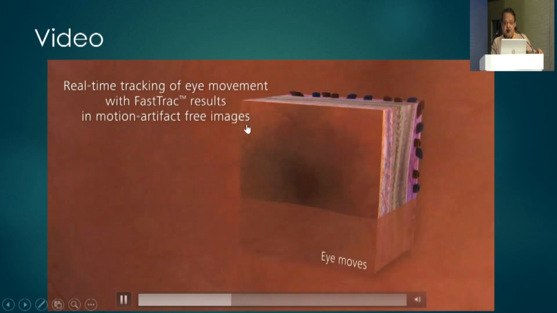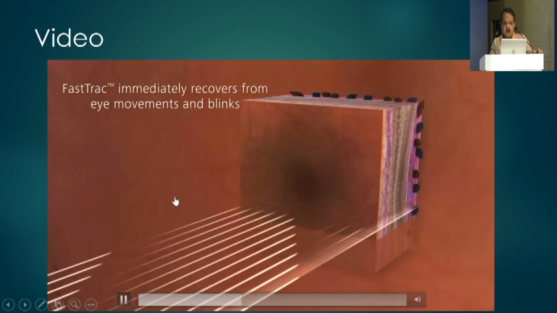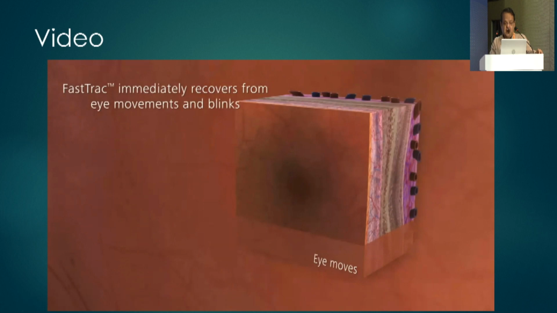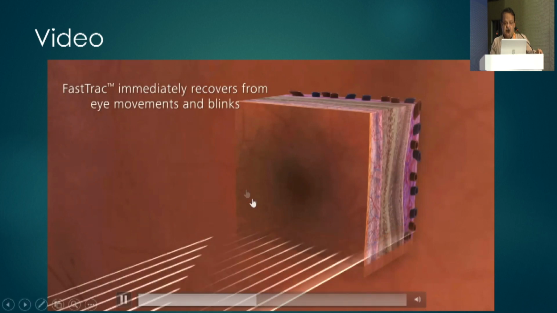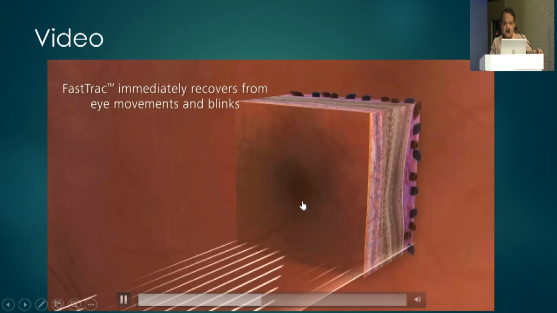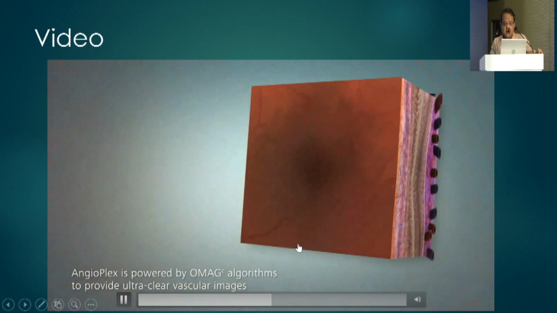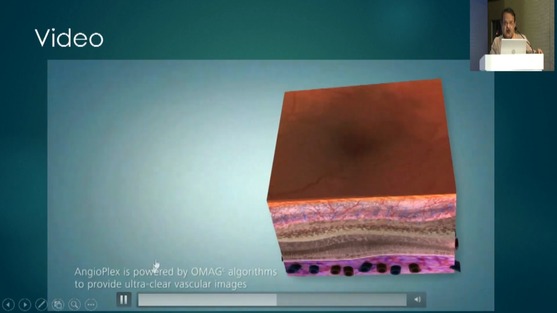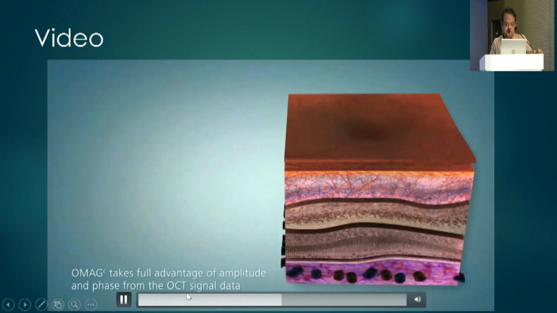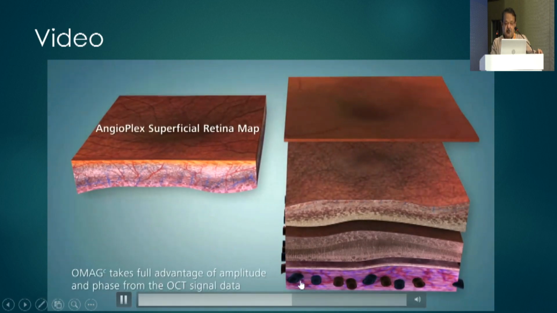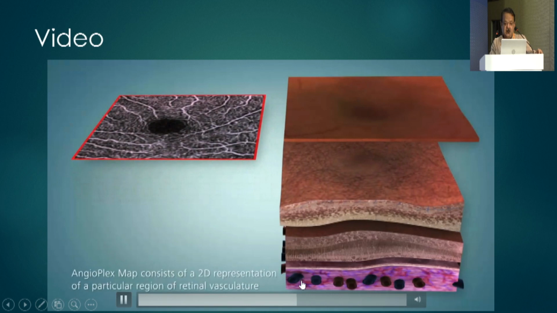It has a fast track system, so motion artifacts are decreased in this system. When the patient blinks, it stops, and once the patient starts fixing again, it again starts tracking the eye. It is powered by OMAG algorithms, which take care of the amplitude and phase from the OCT in a single data.